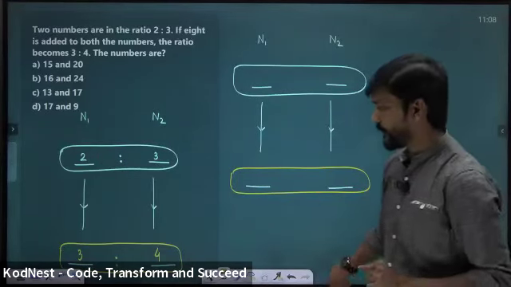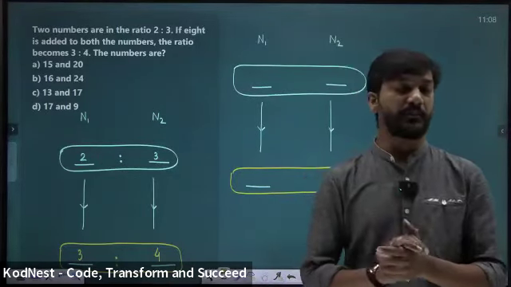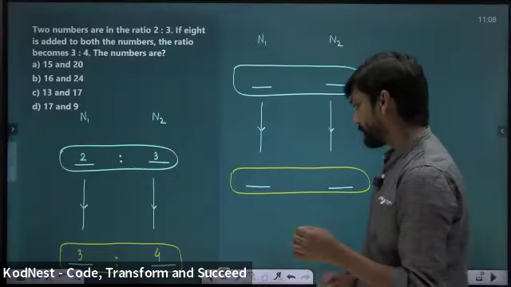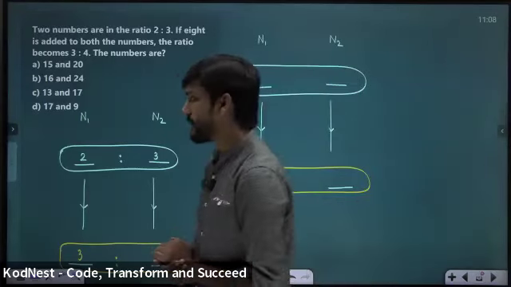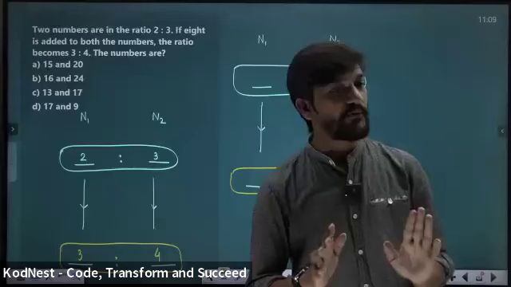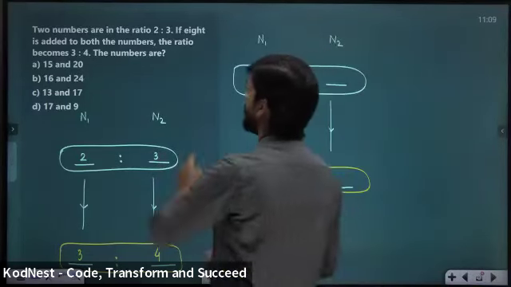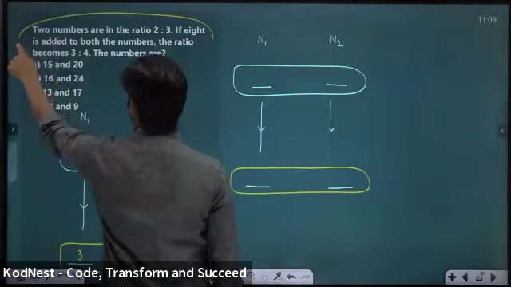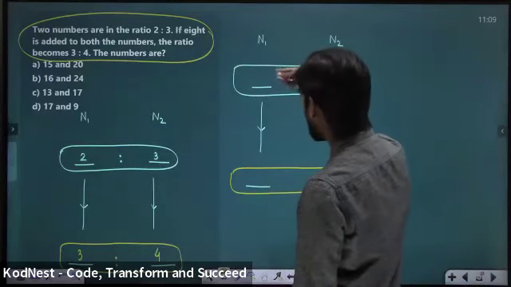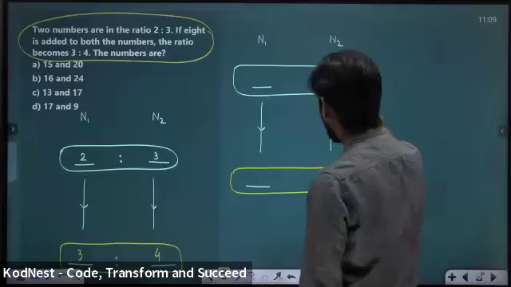All right. Okay. So please carefully understand one thing. Whenever we have two ratios, we have to be careful about one thing. We have to observe in this situation, don't think ratio. There are two numbers. In these two numbers, you are doing plus 8, plus 8.